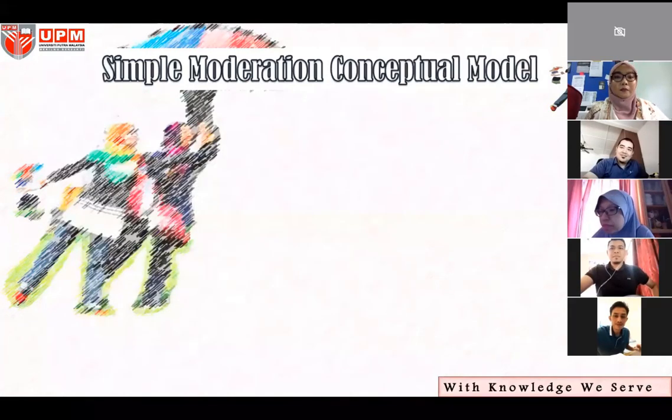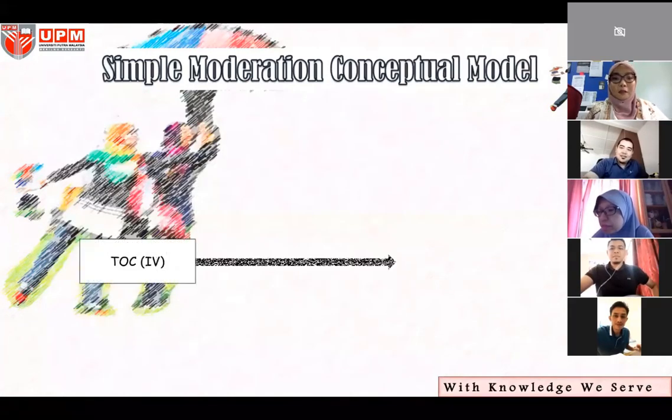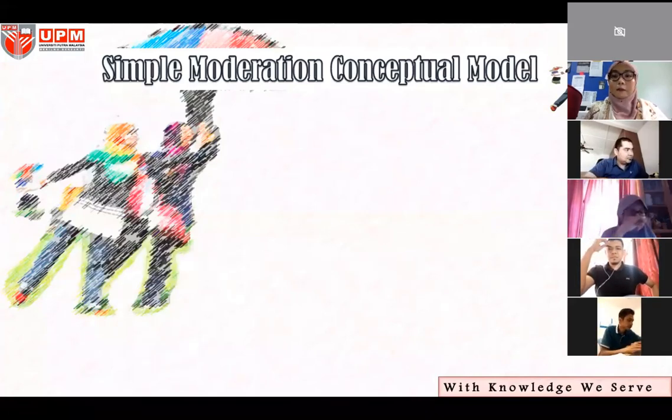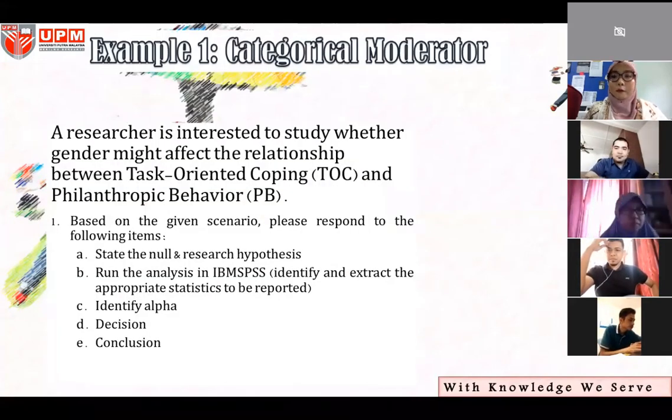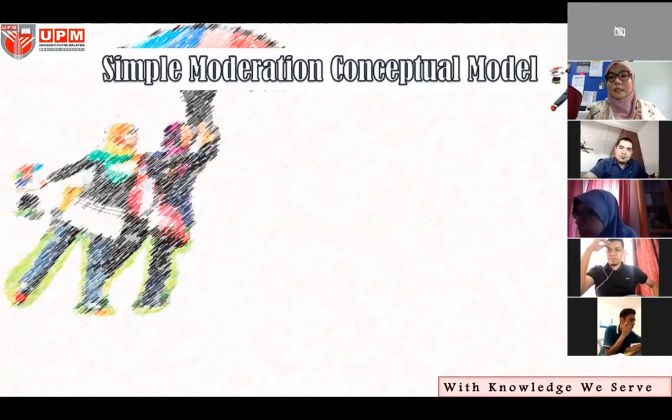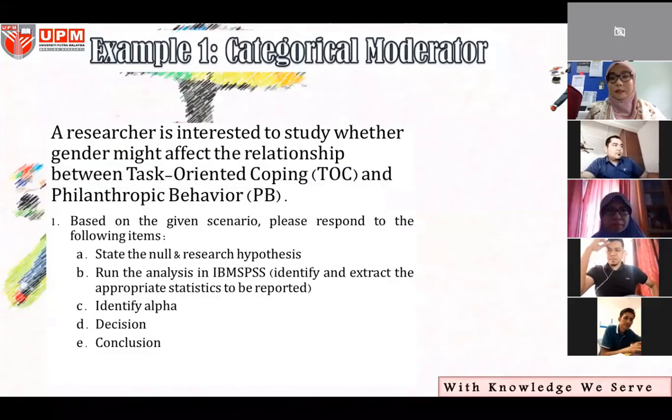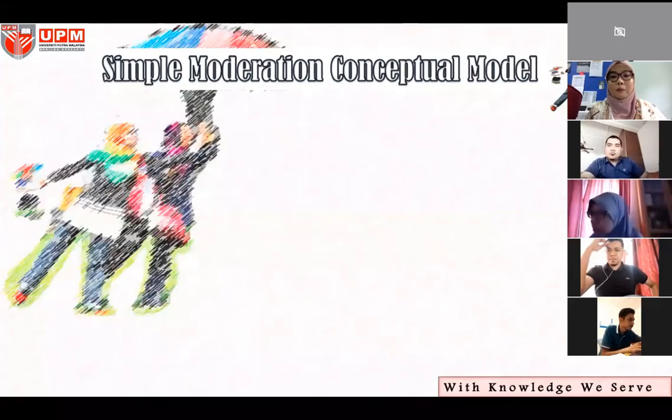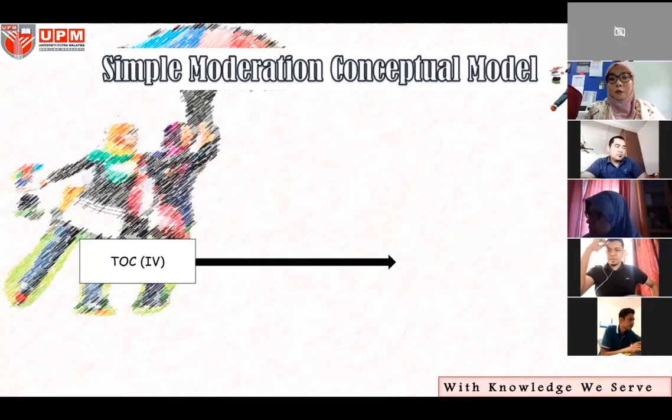Okay, so when we interpret the earlier question, after you get this type of question, you try to illustrate it in a diagram so that you can see how you should run the analysis. If we illustrate this question as a simple moderation conceptual model, it should look like this.